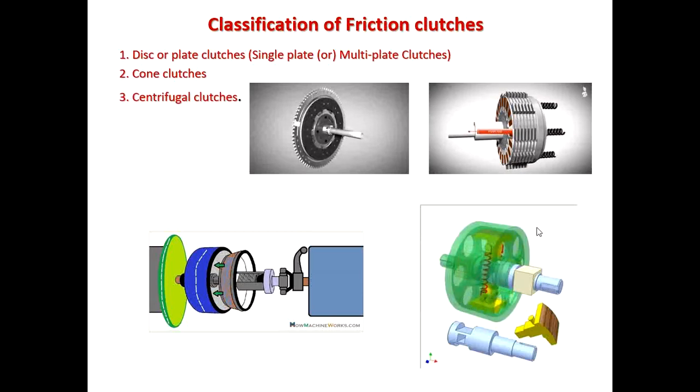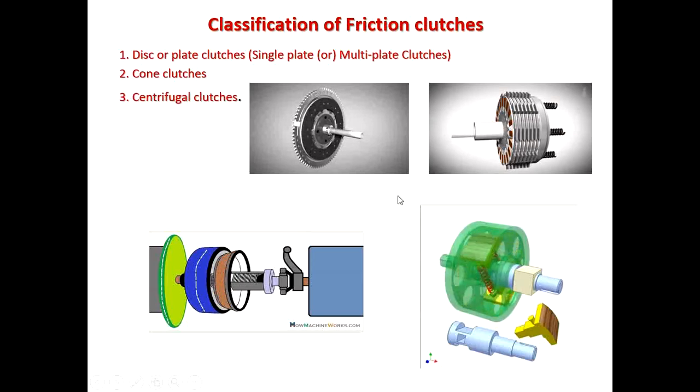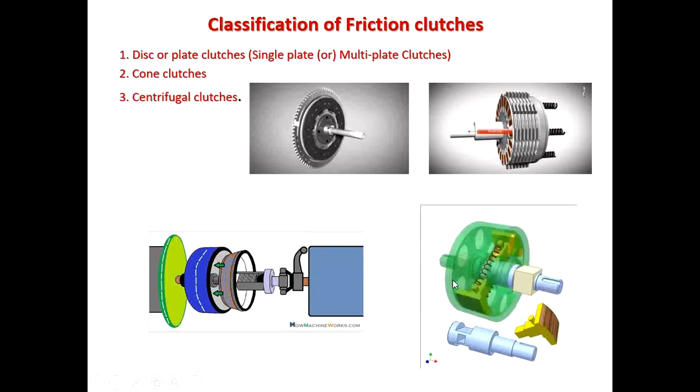If we increase the speed, the centrifugal clutch starts engaging and it will pick up the speed and move. That is called the centrifugal clutch. Single plate and multi plate clutches are widely used in almost all automobiles, and centrifugal clutches are used in two-wheelers like scooty and Activa.